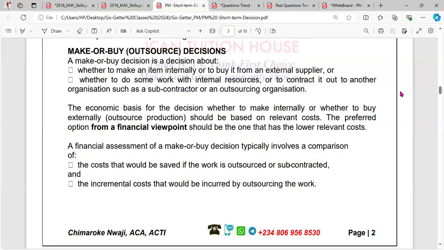Now, let me take an example. Let's say you are a manufacturer of a soft drink. Let me give an example, Coca-Cola. Coca-Cola manufactures soft drinks. What is Coca-Cola known for? They are known for the liquid content, right?